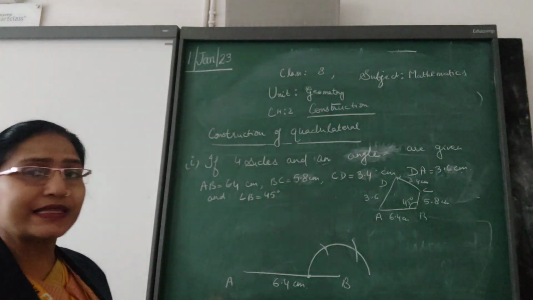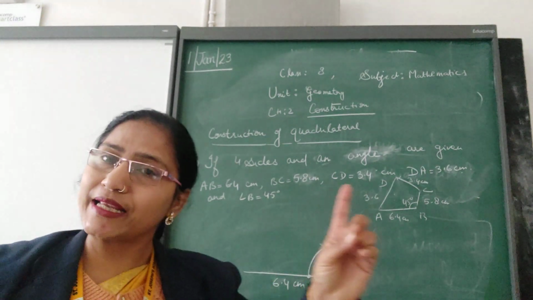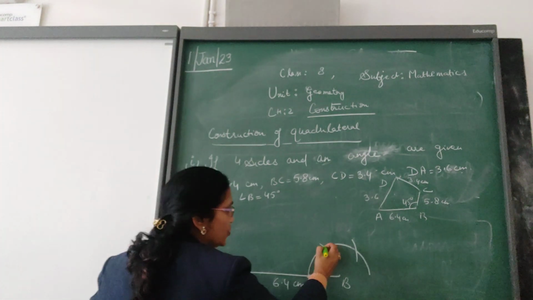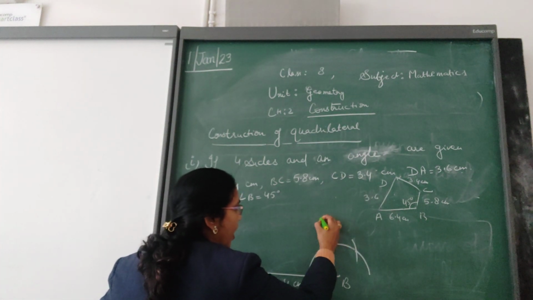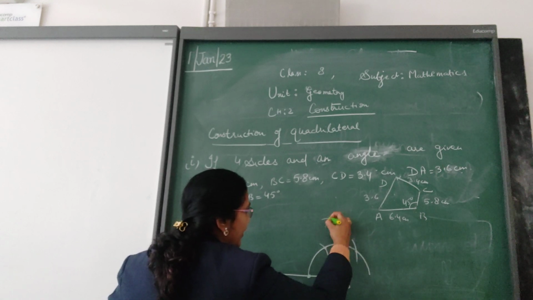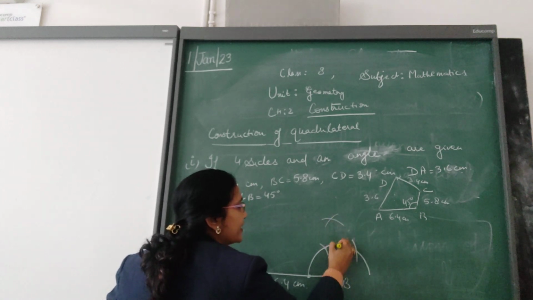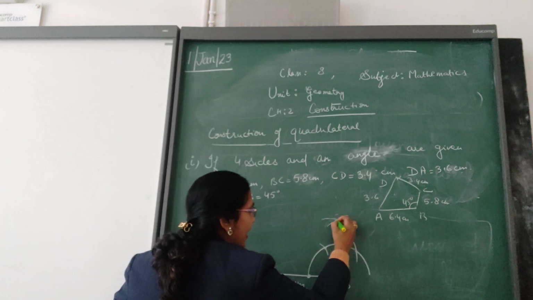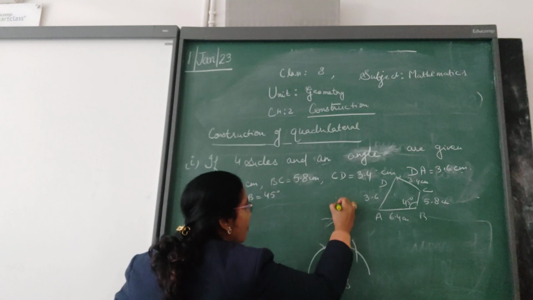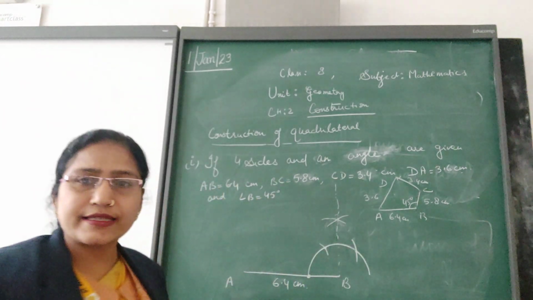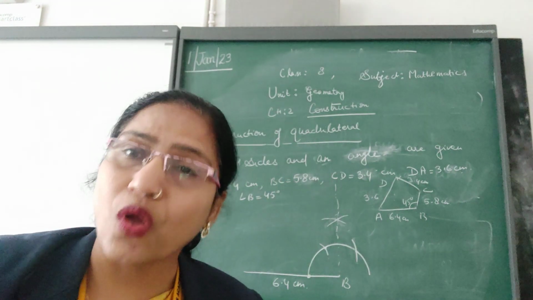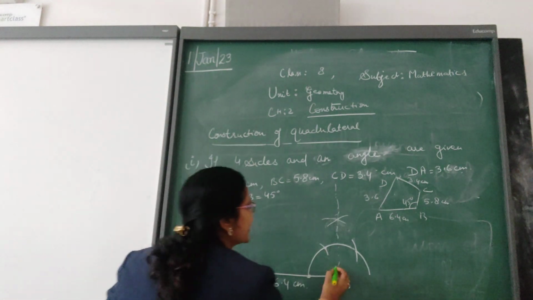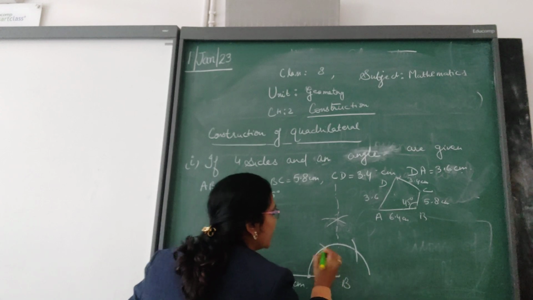With the same radius, don't make any change in the radius. With the same radius, take these two as a center and draw the arcs. These will be intersected. So you will get this, the 90 degree angle. As you know very well about this. Draw dotted line by the help of the scale. You are getting this is the 90 degree.